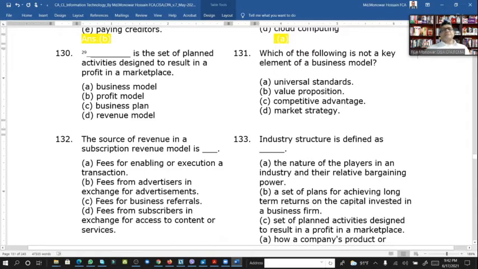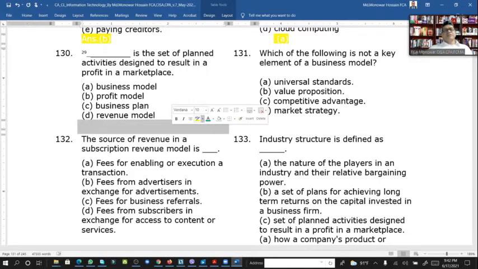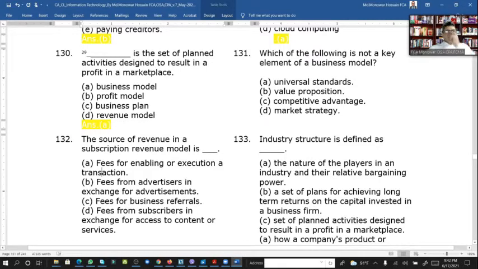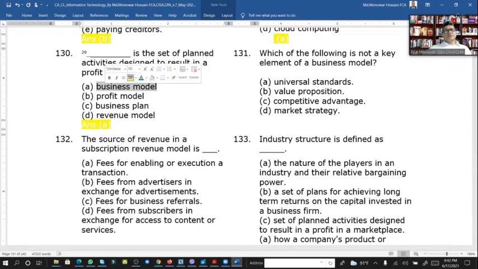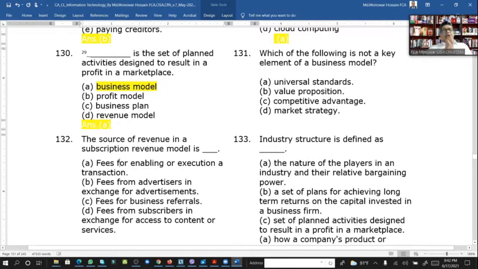Dash is the set of planned activities designed to result in a profit in a marketplace. Business model, profit model, business plan, revenue model. So the answer is business model.